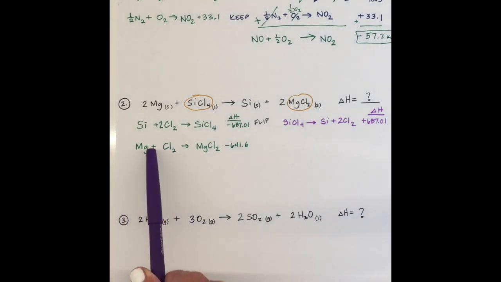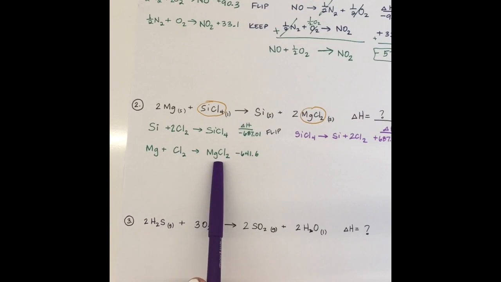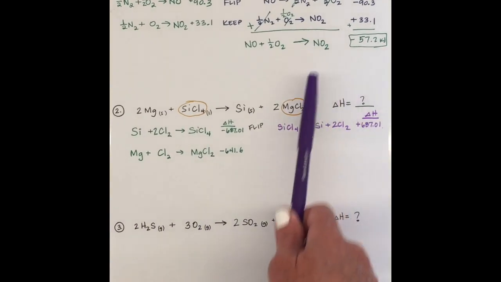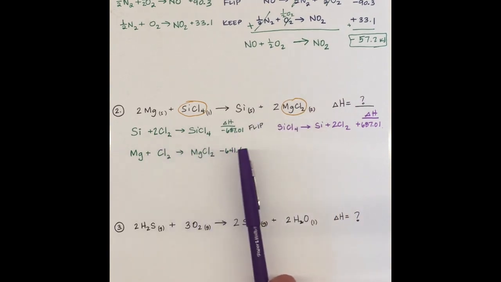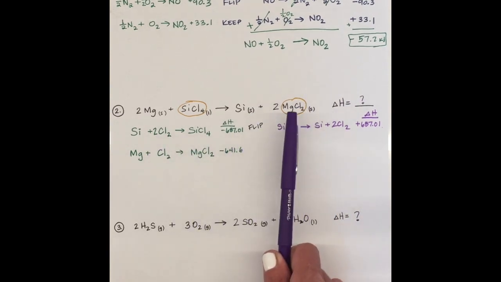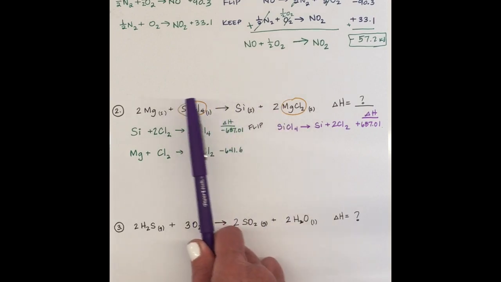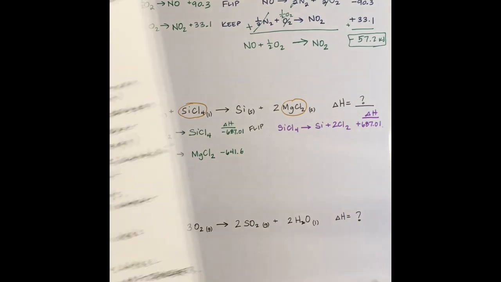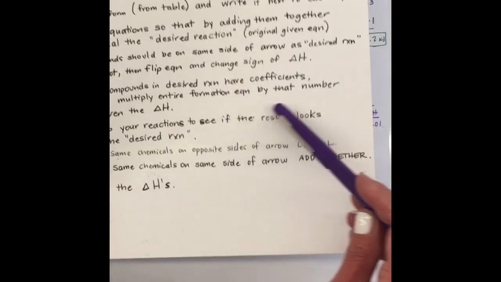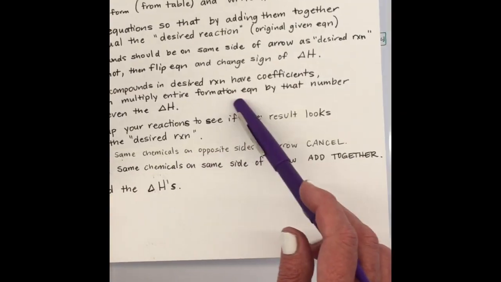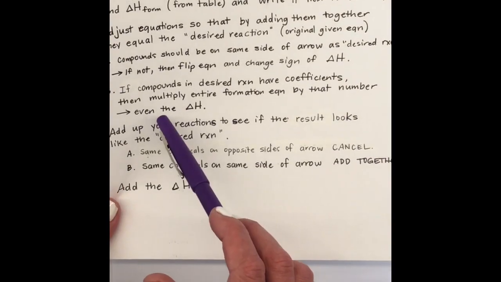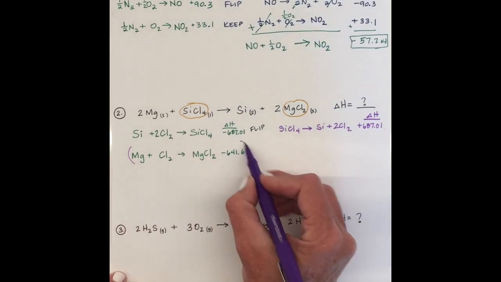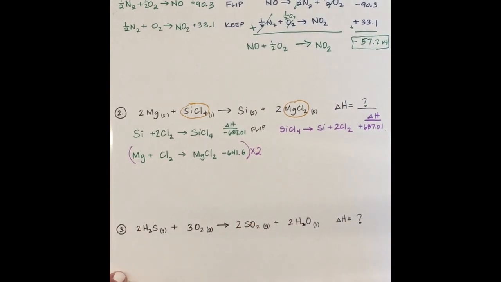The MgCl2, okay, the way I wrote it, it's on the right side of the arrow. In my desired reaction, it's on the right side of the arrow, so I don't need to flip this. But now we deal with that coefficient. In our desired reaction, it has a 2 in front of it. So on our notes, it said, if compounds in the desired reaction have coefficients, multiply the entire formation equation by that number, even the delta H. So we're going to times this entire equation by 2.